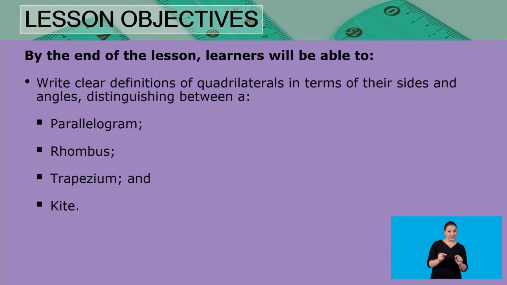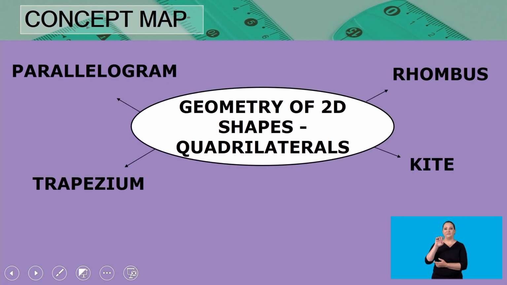So let's look at the lesson objectives for this lesson. By the end of the lesson, learners will be able to write clear definitions of quadrilaterals in terms of their sides and angles, distinguishing between a parallelogram, a rhombus, a trapezium, and a kite. The focus is the geometry of 2D shapes, quadrilaterals.